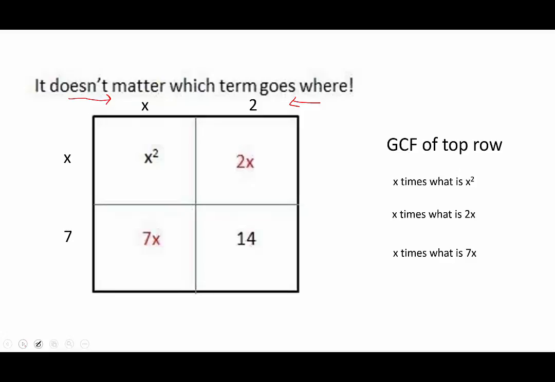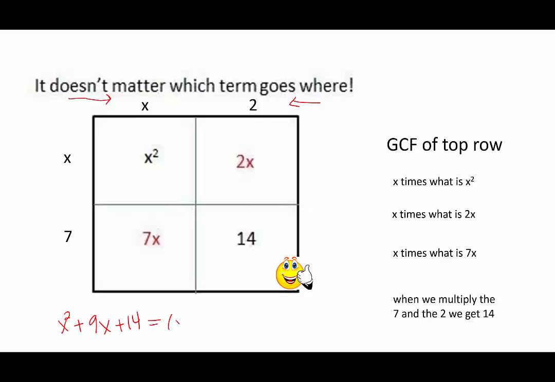X times 7 is 7x. Now, when we multiply the 7 and the 2, we get 14. That means that we know that our factors are correct. That means x squared plus 9x plus 14 factors into x plus 7 and x plus 2.